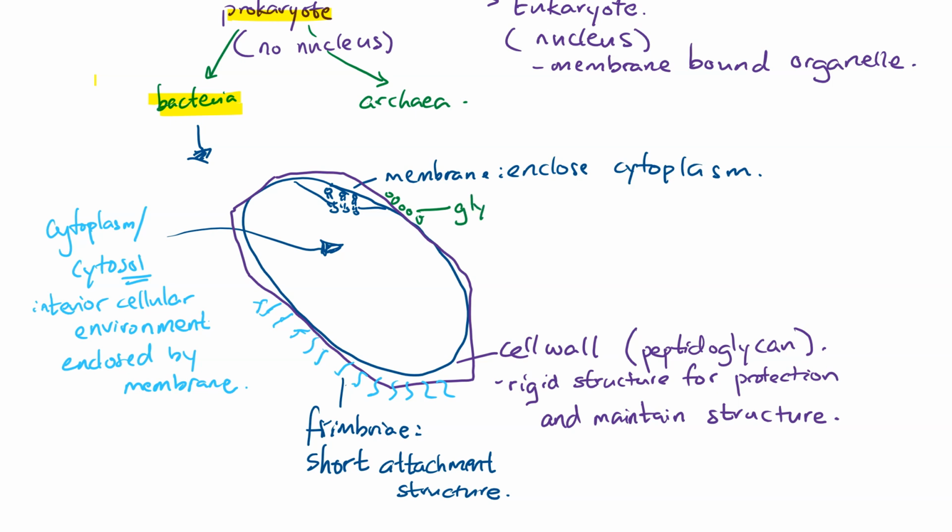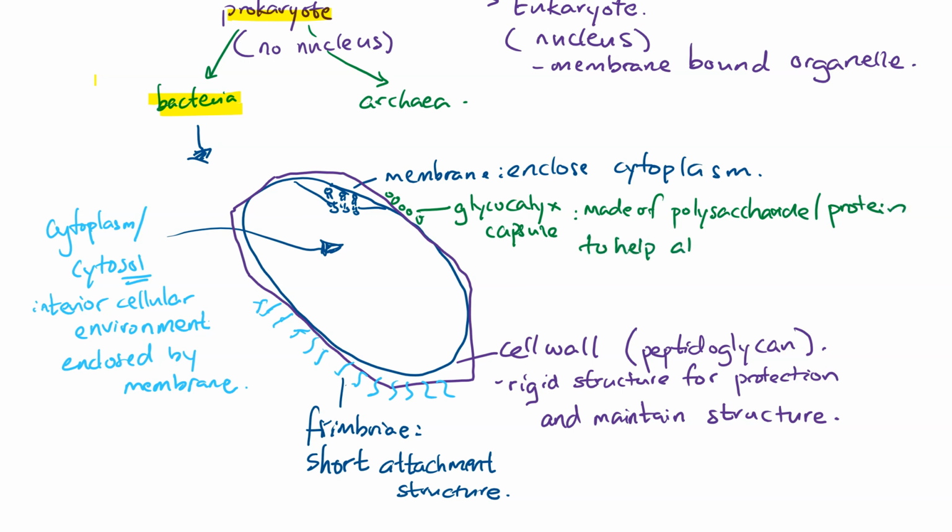We call it a glycocalyx capsule. And this capsule is made of polysaccharide or protein to help attachment to the surface. So capsule, attachment. It can also be meant for protection.